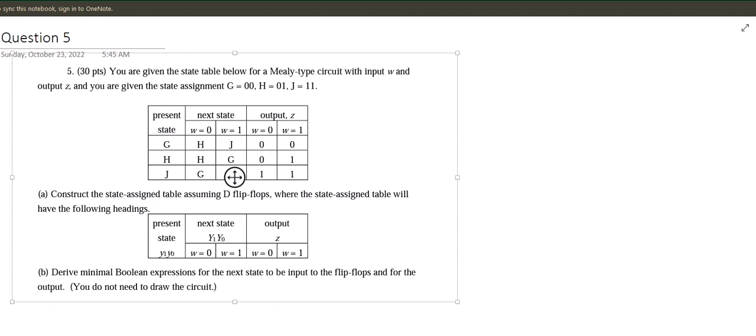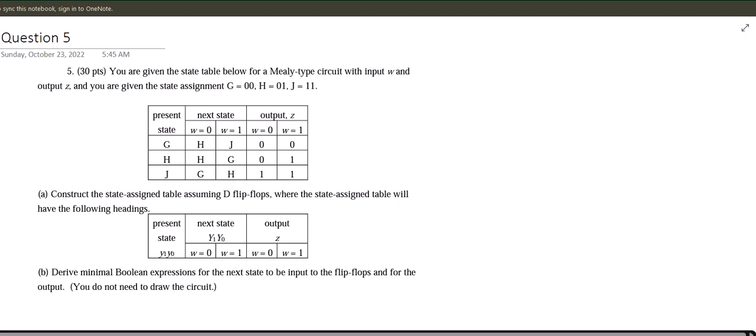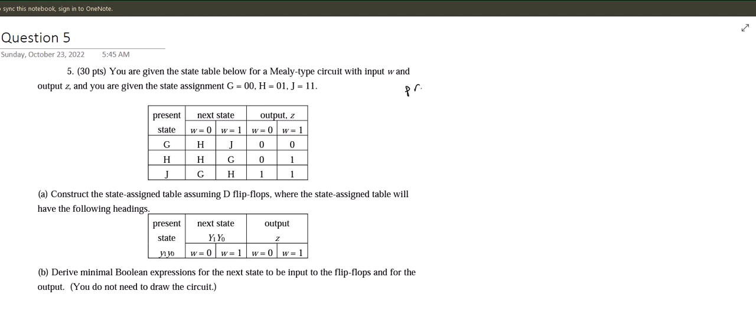Okay, so these are usually pretty easy. You just have to translate from the letters to the numbers. The only thing you have to remember is that you have to account for every possible state.